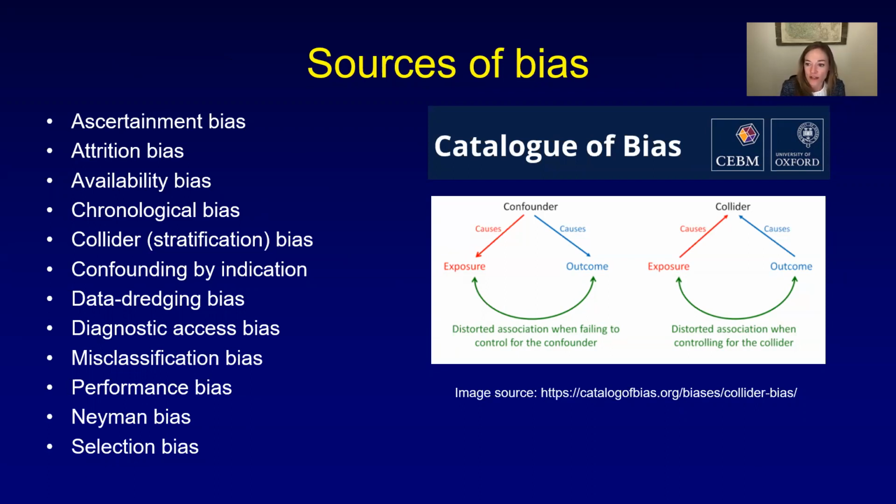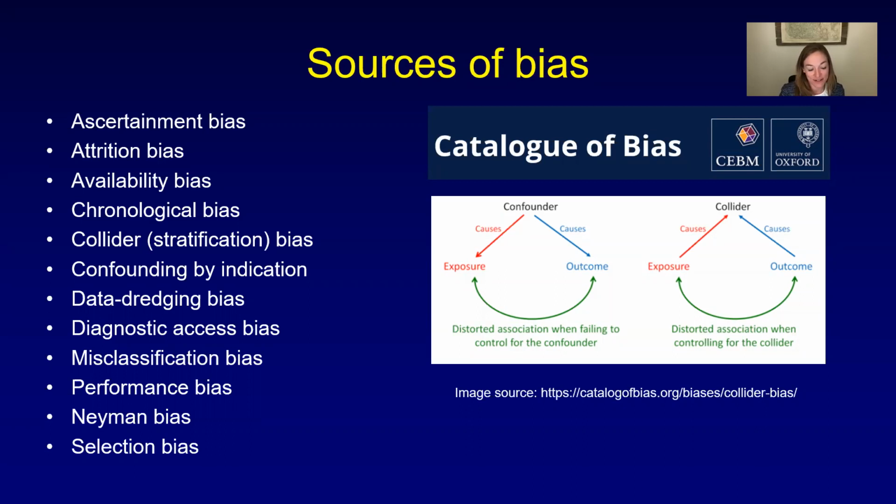Or is there another data set out there from which you could source additional information to find the data that you're missing in this current data set? I've listed some sources of bias. If you want to remind yourself of the many different sources of bias out there, I encourage you to look at this catalog of bias at the University of Oxford.